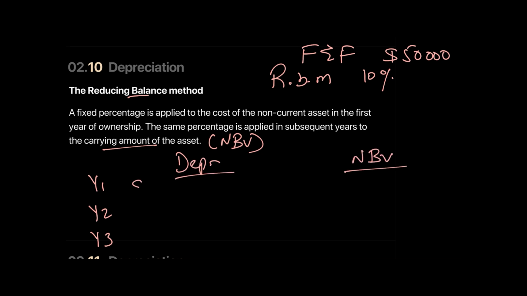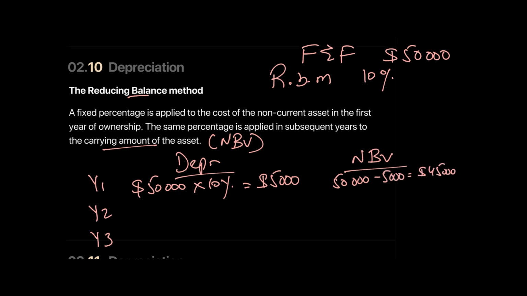For depreciation in year 1 it will be the same: you got it for 50,000, depreciated by 10%, that becomes 5,000. Your net book value will again be cost minus accumulated depreciation, so that's 50 minus 5, that is 45,000 as your net book value after year 1.